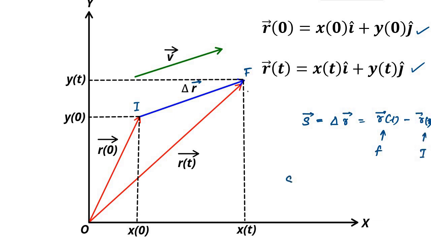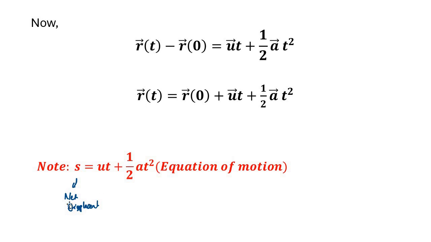So here net displacement is equal to rt vector minus r0 vector, final minus initial position. So the same thing we will write here. This s, we have substituted s as this.